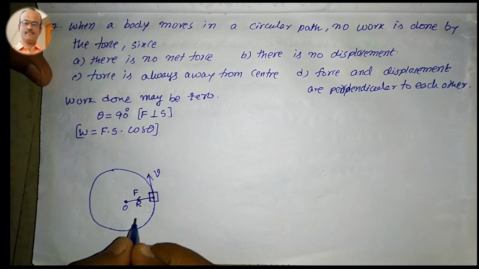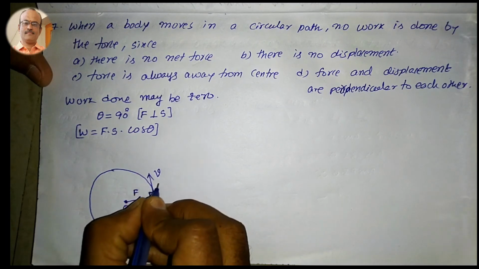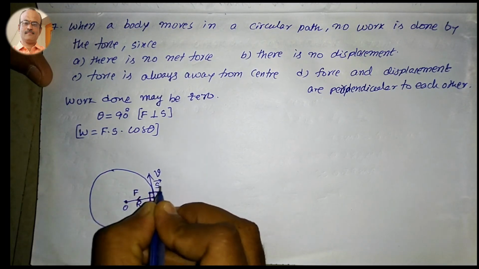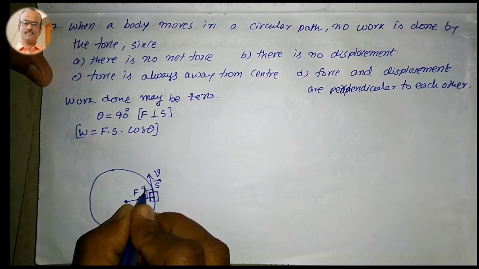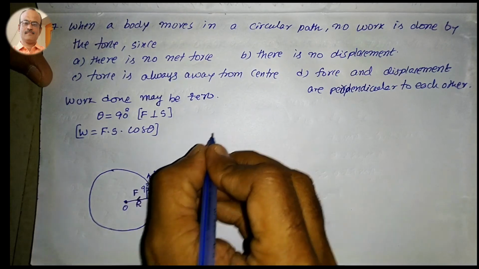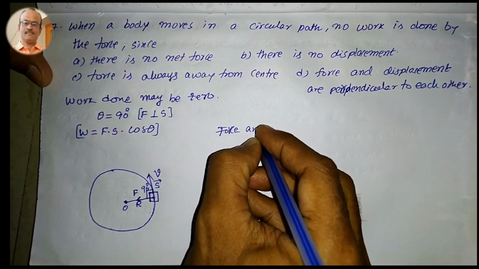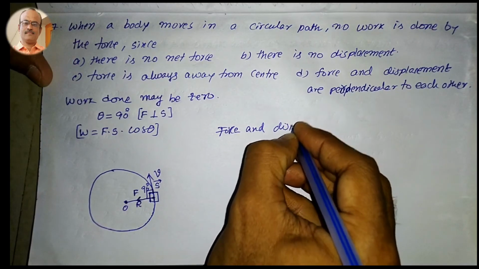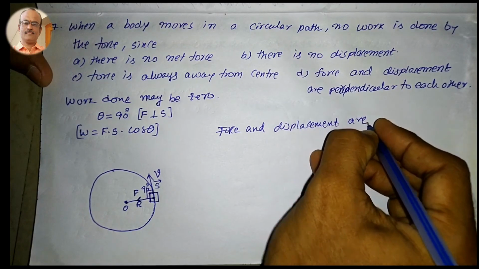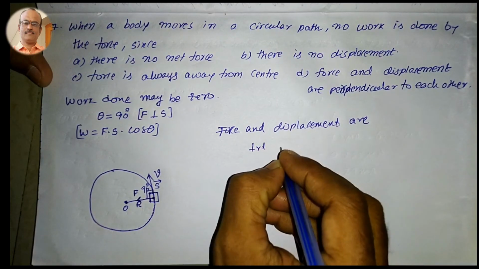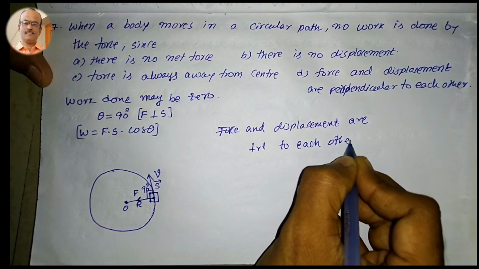And D, force and displacement are perpendicular to each other. One thing we have to remember here, body moving with velocity in this direction, so velocity direction is the displacement direction and force direction is this side, and these two are perpendicular to each other. So that means in this case force and displacement are perpendicular to each other.